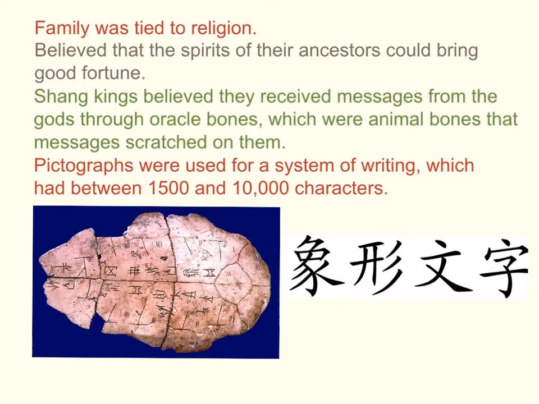In Shang culture, respect for one's parents and ancestors was very important. Family was closely tied to religion. The Chinese believed that the spirits of their ancestors could bring good fortune to them. And so the Shang kings oftentimes sacrificed animals in honor of their ancestors.